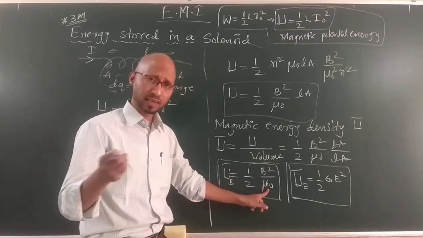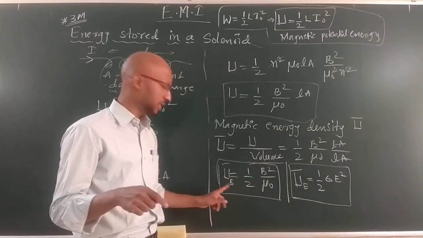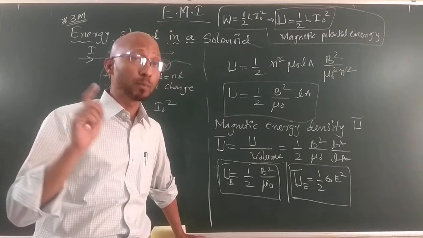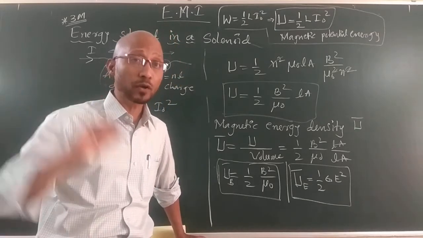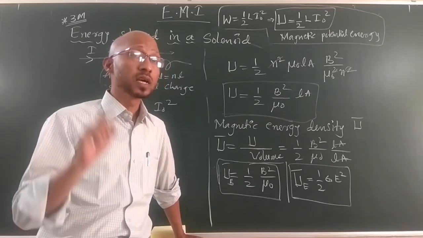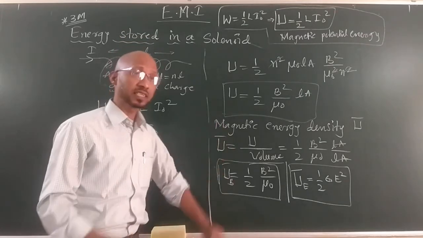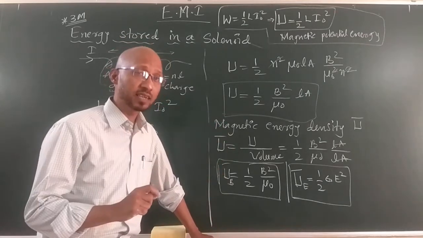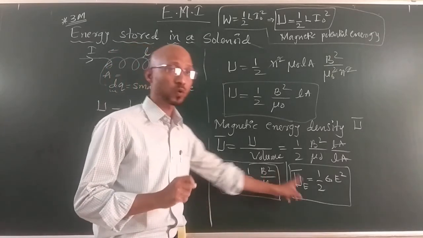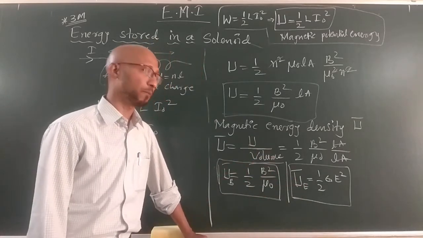Now you know that mu naught is permeability and epsilon naught is permittivity. If they are constant, it means that the energy density, magnetic and electrical both, is directly proportional to the square of their respective fields. This is a very important concept: how the magnetic energy density and electrical energy density in inductors and capacitors are related. They are related to the square of the field. That's a very important question, they might ask you this proportionality.